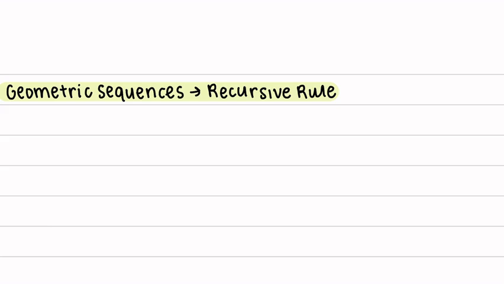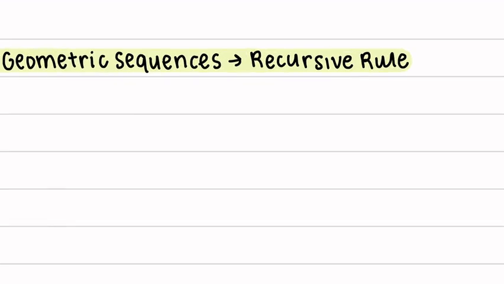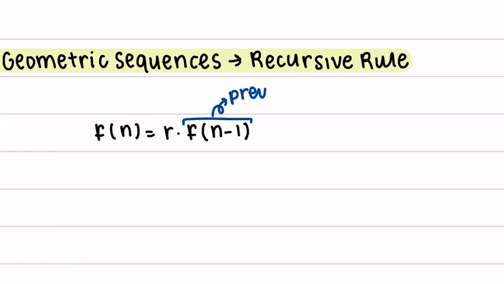So the general format for a recursive rule is f of n equals the common ratio r times f of n minus 1, where f of n minus 1 represents the previous term, and r is the common ratio.